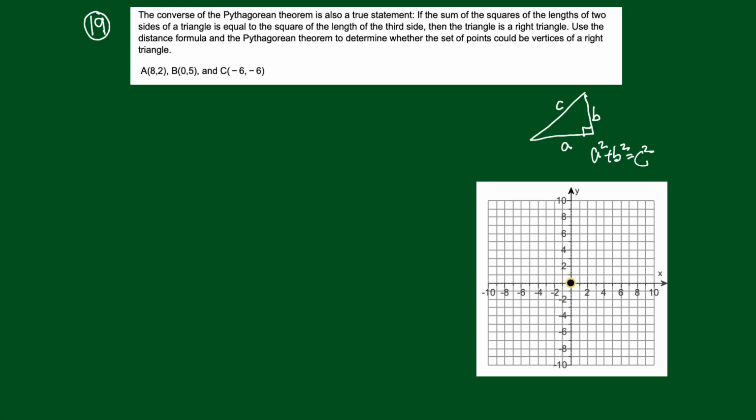So it says, if the sum of the squares of these two sides is equal to the square of the third side, then you have a right triangle. That's the converse. So I'm going to graph these points to see if it will even resemble a right triangle.